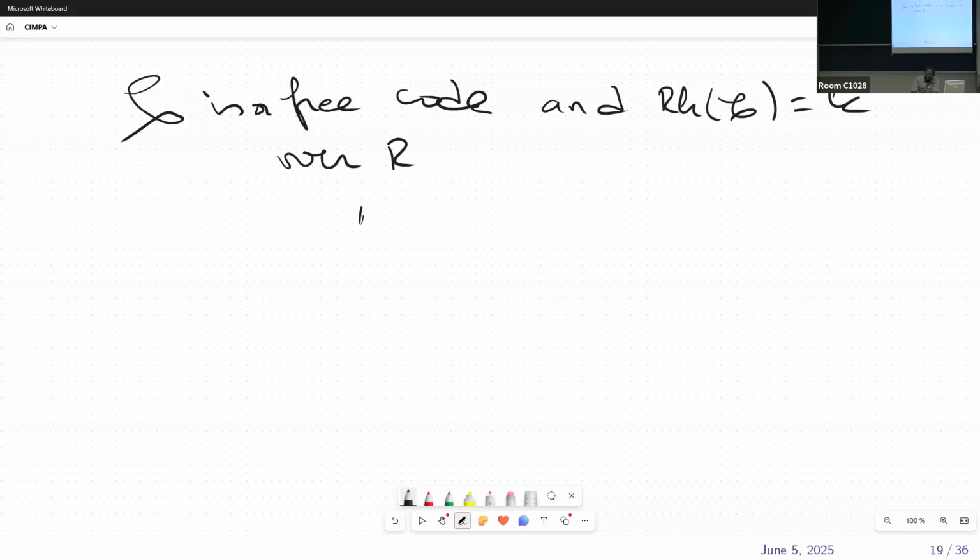This means that C is isomorphic to this.